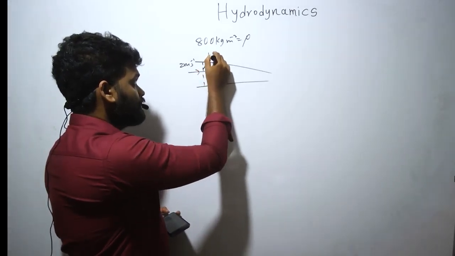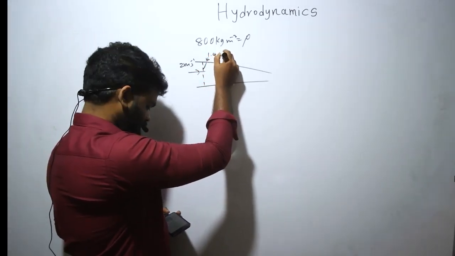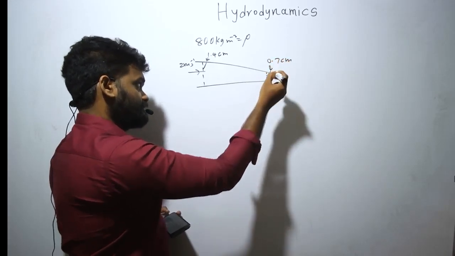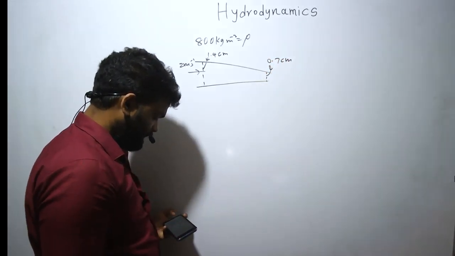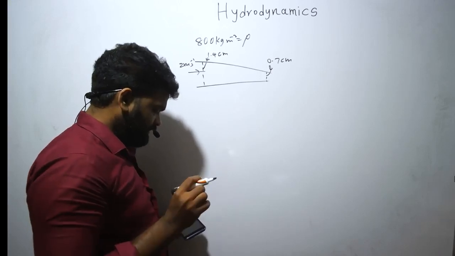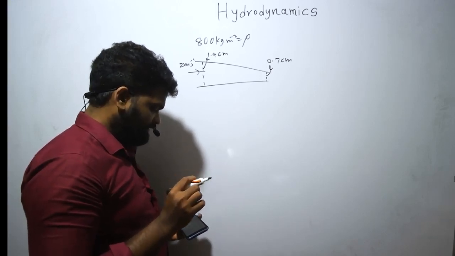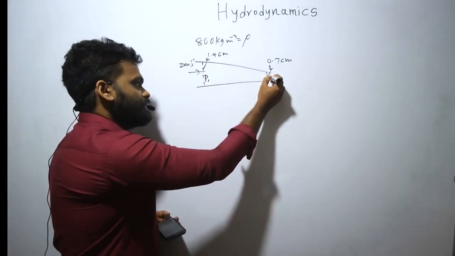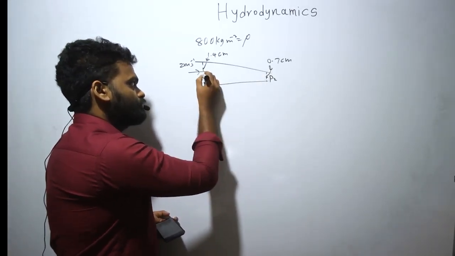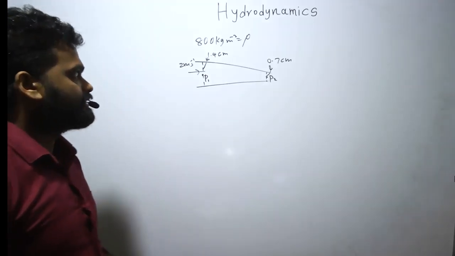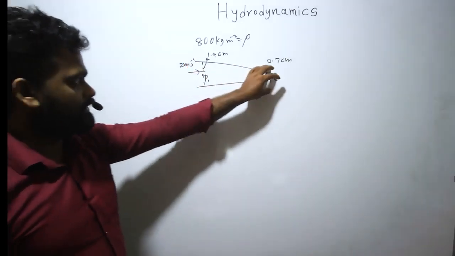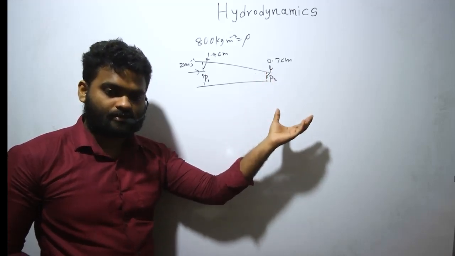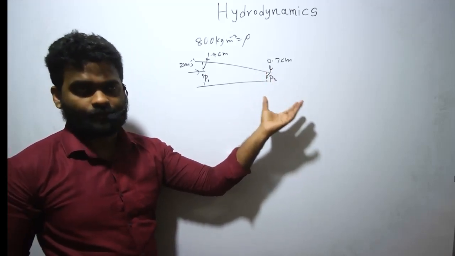Here you have 1.4 centimeters. Here you have 0.7 centimeters. The pressure difference in Pascal between the ends is? So let's say here the pressure is P1, here the pressure is P2. Okay. So you can see to find the pressure difference, you need to apply Bernoulli's equation. You need to apply Bernoulli's equation.